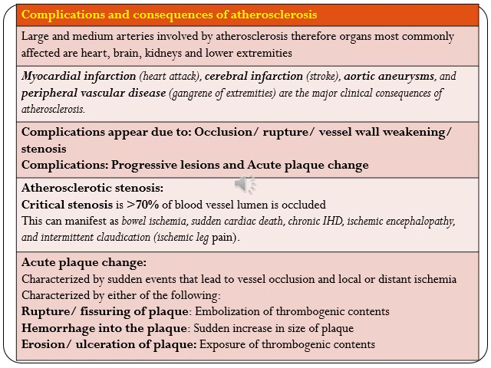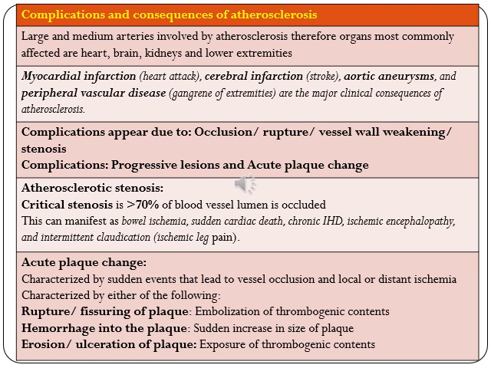Either there can be rupture or fissuring of the plaque. A plaque which was previously smaller in size, and had not reached critical stenosis, ruptures or fissures, and because of rupturing, there is embolization of the thrombogenic contents of the atherosclerotic plaque, and these emboli then lodge in distant organs leading to ischemia.